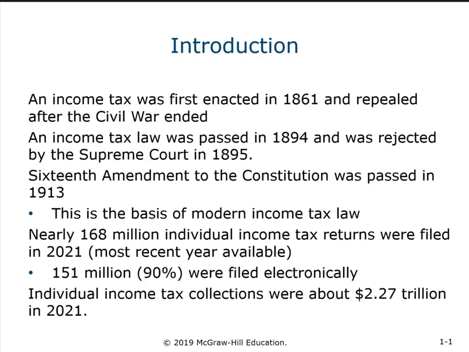And that represented about $2.27 trillion in 2021 coming in because of the income tax. So that's the kind of numbers we're talking about, which is still not the majority of the federal budget, but is a significant portion of it.